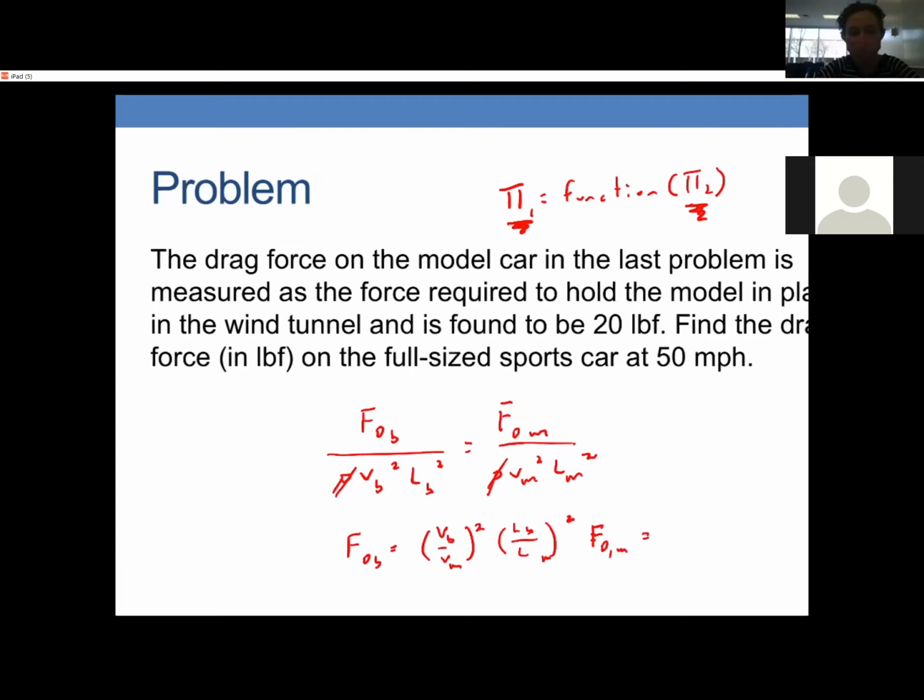What is the ratio of the velocity of the big one to the velocity of the small one? 1/5. We just figured that out. The ratio of the length of the big one to the length of the small one? 5.